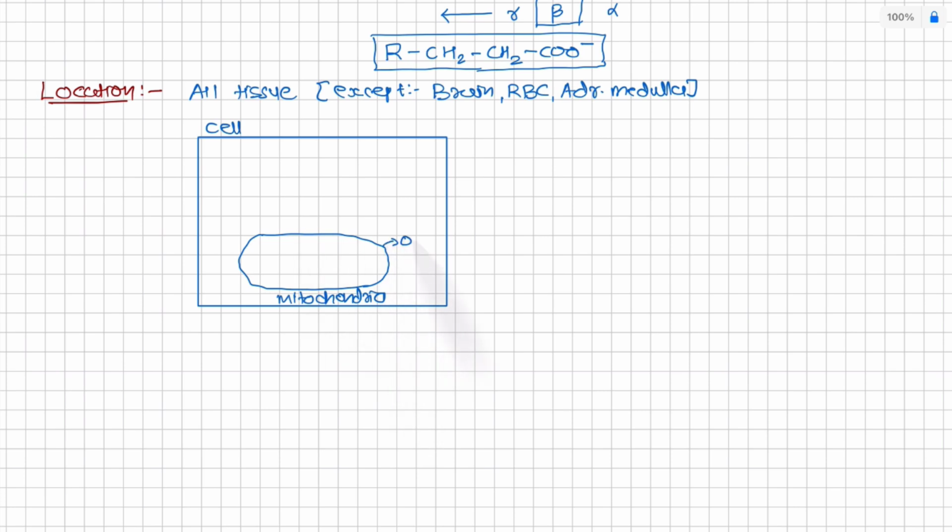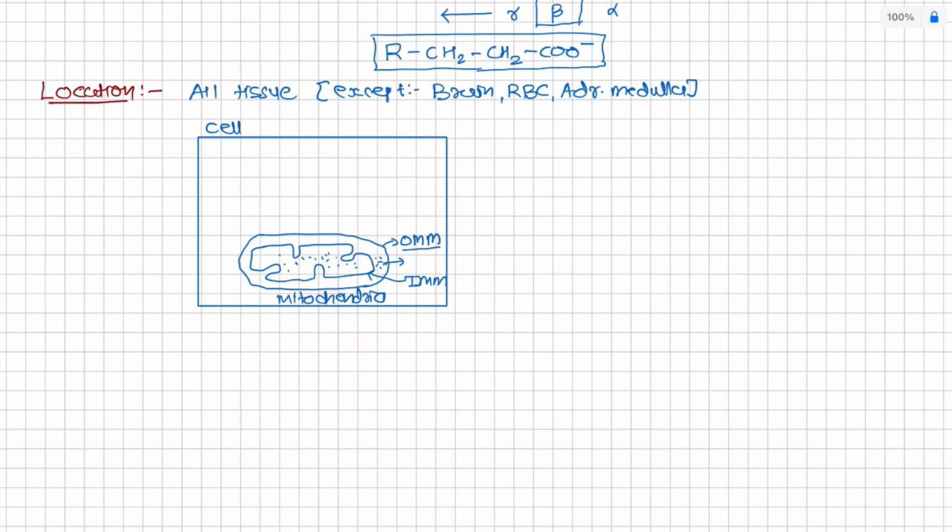This is the outer mitochondrial membrane, shortly called OMM, and this is the inner mitochondrial membrane. The space between the outer mitochondrial membrane and inner mitochondrial membrane is called the intermembrane space, whereas the space inside the mitochondria is called the mitochondrial matrix.